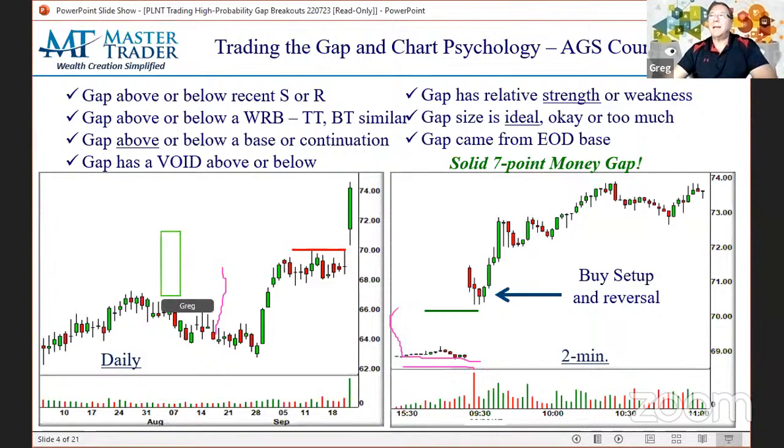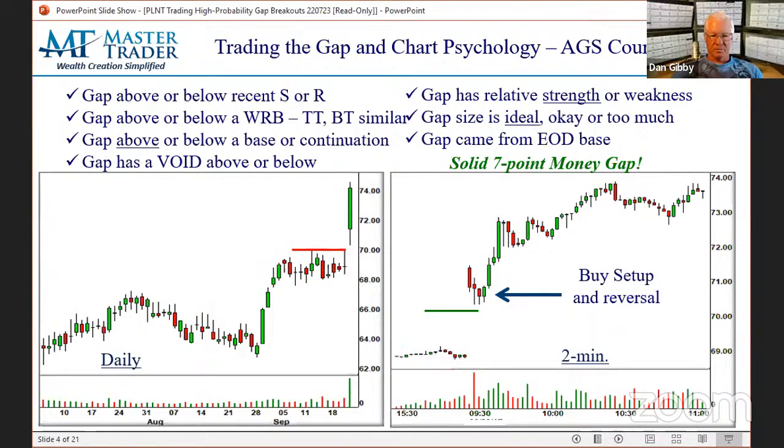Now, inside the daily bar it could happen in two different ways, meaning it could have started the day like this and ripped to the upside all afternoon, or it could have ripped in the morning and gone sideways all afternoon. So gapping up from the end of day base is a much higher probability setup for a continuation move on the gap.